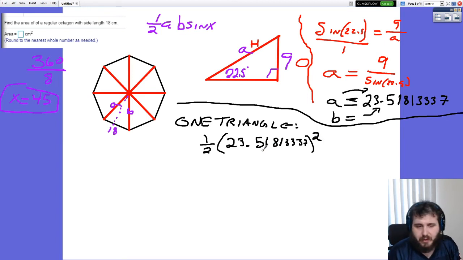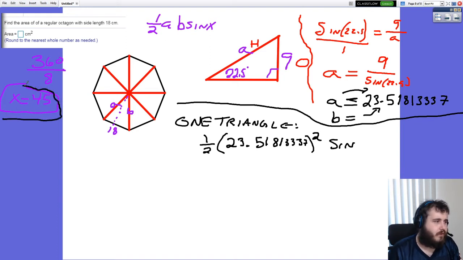It's just the same thing times the same thing is squared. And then sine x. And we have to go back here. This is what we found for x like 15 years ago, right? So sine of 45. This is one triangle, and you're going to throw that into the calculator.